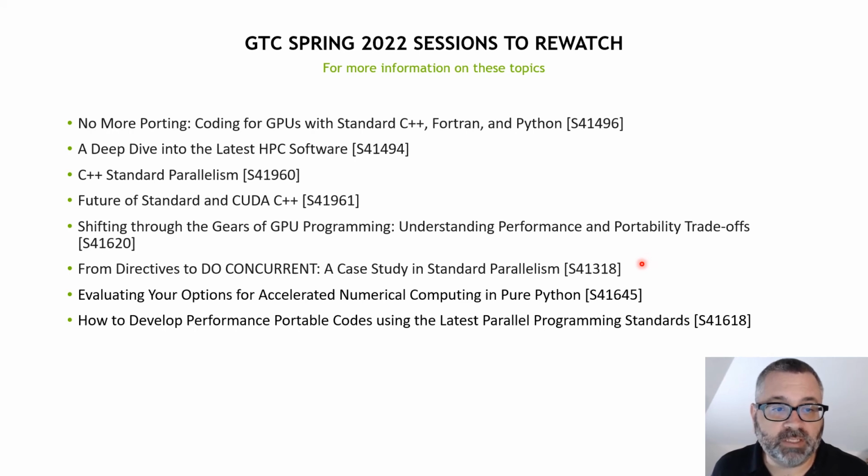This From Directives to DO CONCURRENT case study highlights the POT3D application that I mentioned earlier and goes into much greater detail. I'll also point to this final one from Simon McIntosh-Smith and his group at the University of Bristol, which highlights some of the performance and portability they see using ISO C++ compared to CUDA versions of some of their applications.